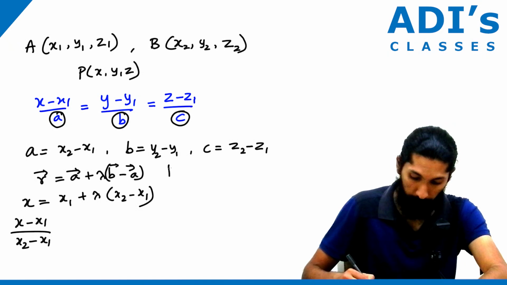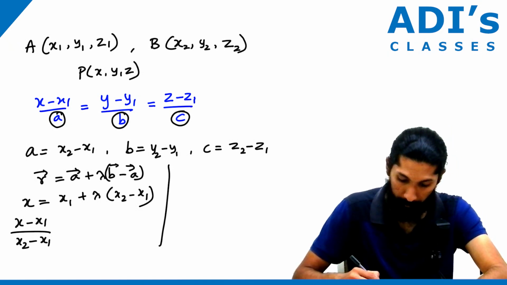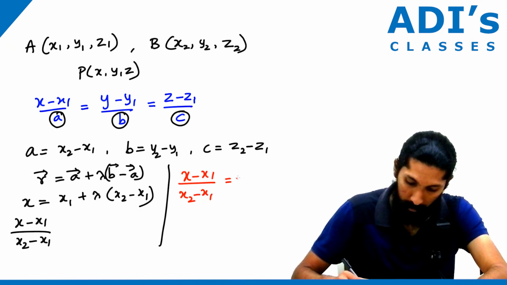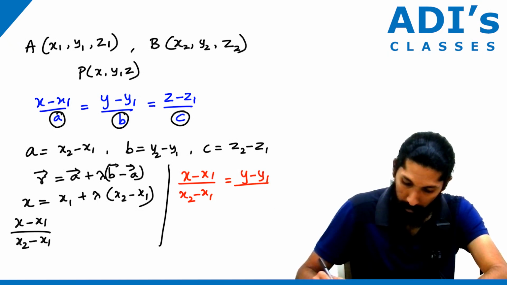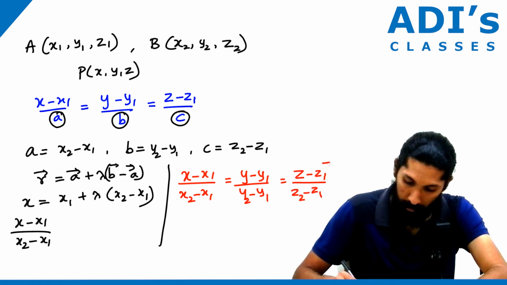That means the final formula for 2 points in the Cartesian form will become x minus x1 by x2 minus x1 is equal to y minus y1 by y2 minus y1 is equal to z minus z1 divided by z2 minus z1.